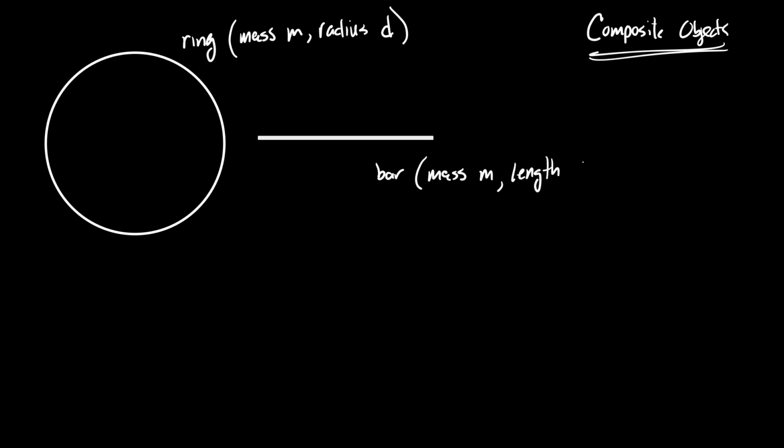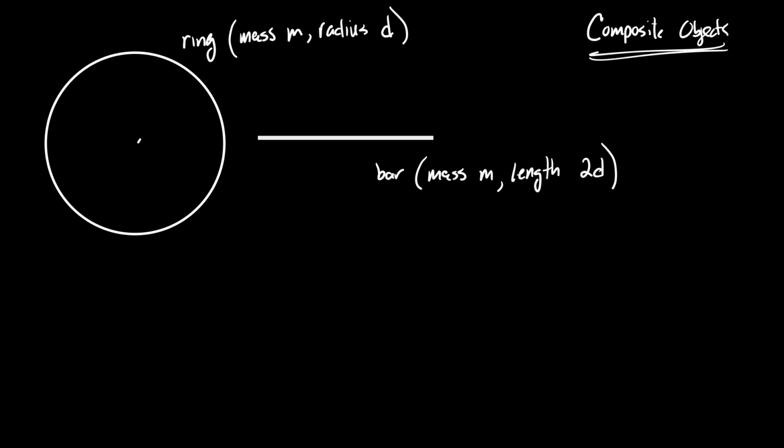So what I have here are a ring, mass M, radius D, and I have a bar, mass also M, but length 2D.